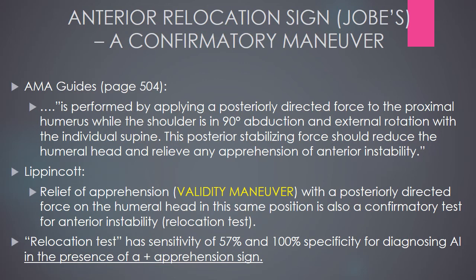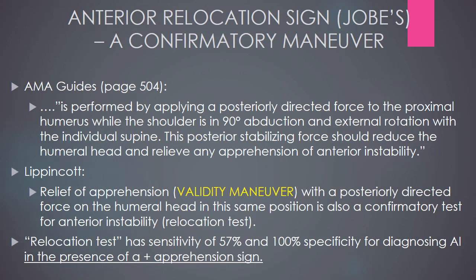Now, the Jobe's maneuver is performed by applying a posteriorly directed force to the proximal humerus while the shoulder is in 90 degrees of abduction and external rotation. Now, this posterior stabilizing force should reduce the humeral head and relieve any apprehension of anterior instability.